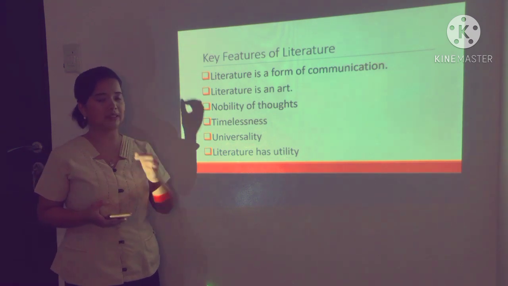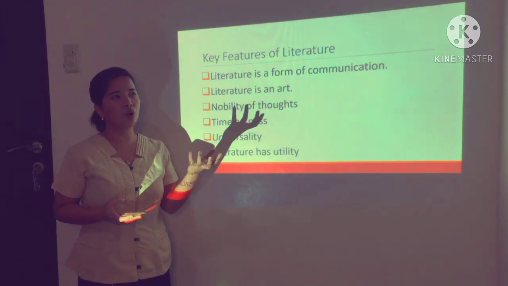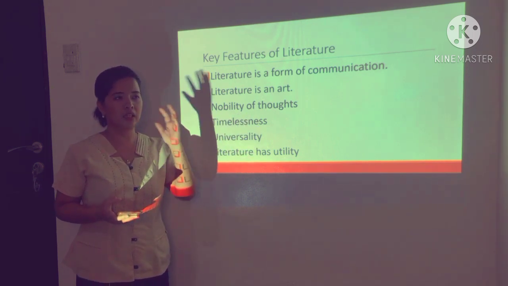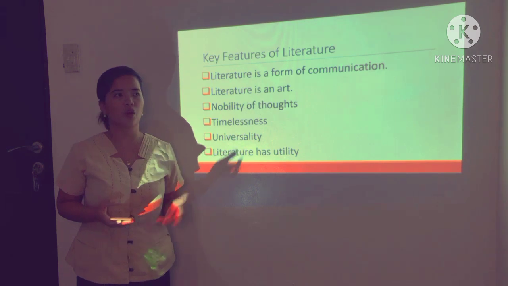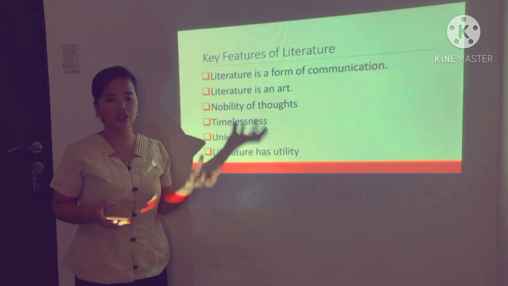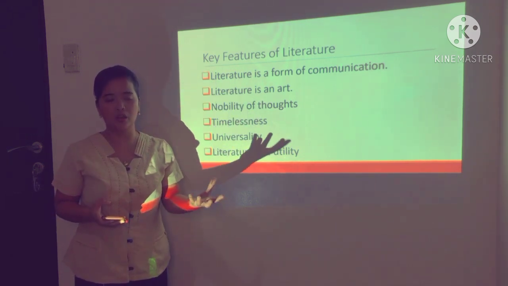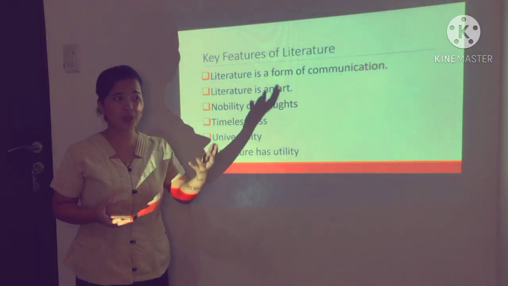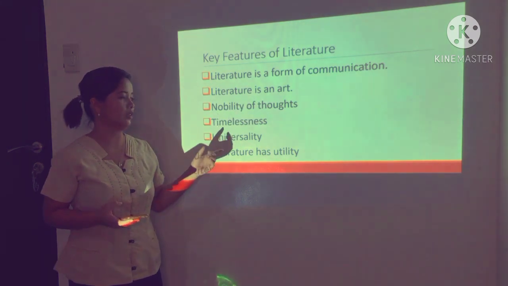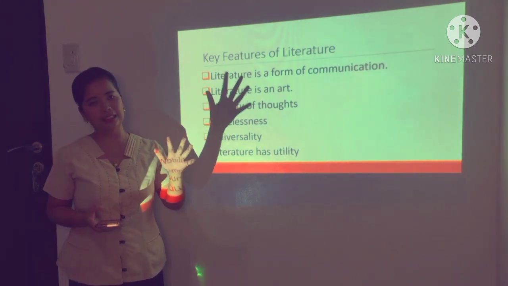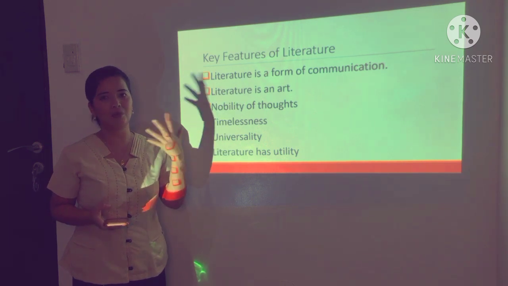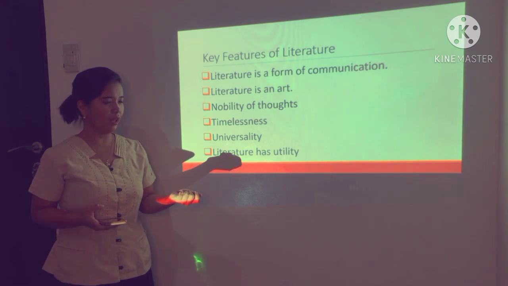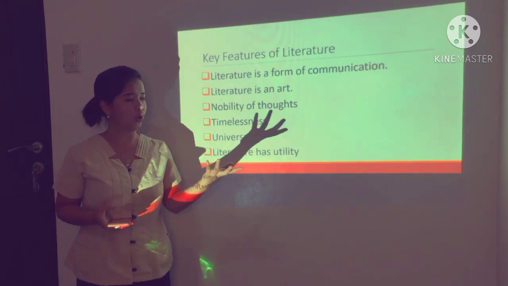Another one is universality. The goal of writers in making literature is that they need to have a universal language. What do you mean by universal language? Their language should be understood by the readers because they write because they want to be understood. So they need universality, having a general message or a language for all.